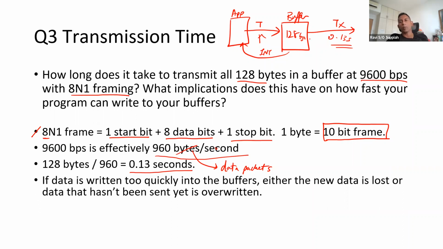Because this 0.13 second is, for theoretical sense, we can say we calculate and say this is the number, but in a practical sense, nothing is perfect. So you can't say for sure that this entire 128 bytes will keep going out without any delay or error.